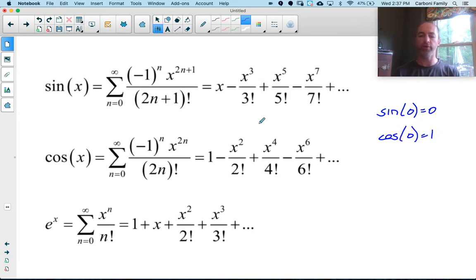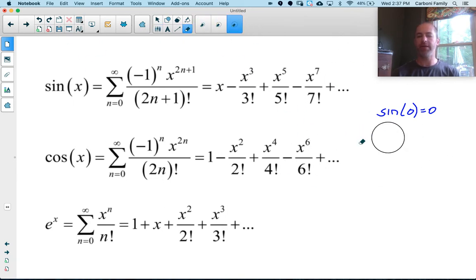And so if you can remember the two formulas, but you forget which one goes with sine and cosine, just think, what if you replaced all of the x's with a 0? This one would return a 0, and this one would return a 1, which means that the top one must go with sine x, this middle one must go with cosine x. So there are a couple of ways you can keep those straight if you have a hard time keeping your sine x and cosine x Taylor polynomials straight.